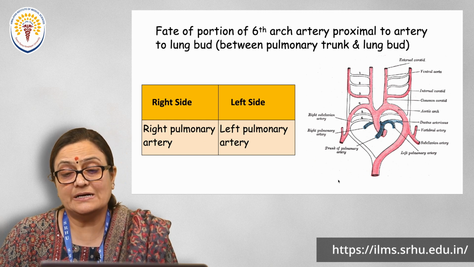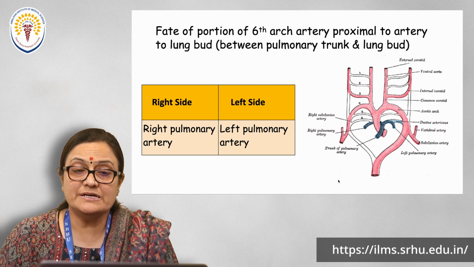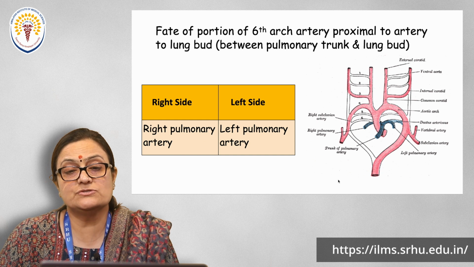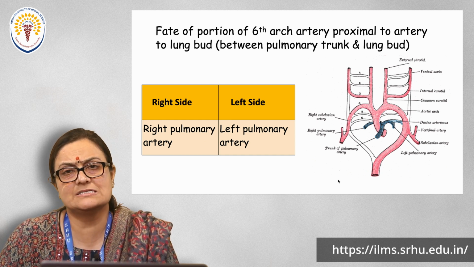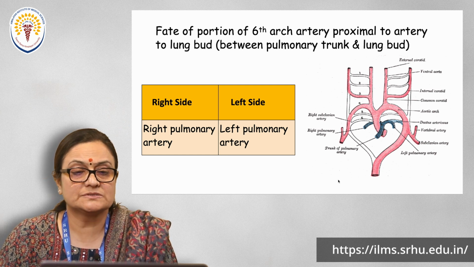So, the part of the sixth arch artery lying between the pulmonary trunk and the lung bud artery, this is actually the proximal part, or you can simply say the part of the sixth arch artery proximal to the lung bud. That is easier, proximal to the lung bud.